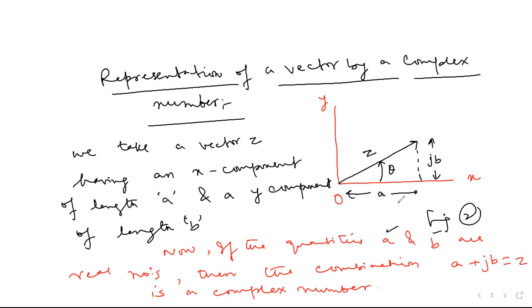Now, in this representation of a vector by a complex number, we have an automatic way of selecting out the physically relevant part for the purpose of analyzing simple harmonic motion, as we will discuss in coming lectures, right?